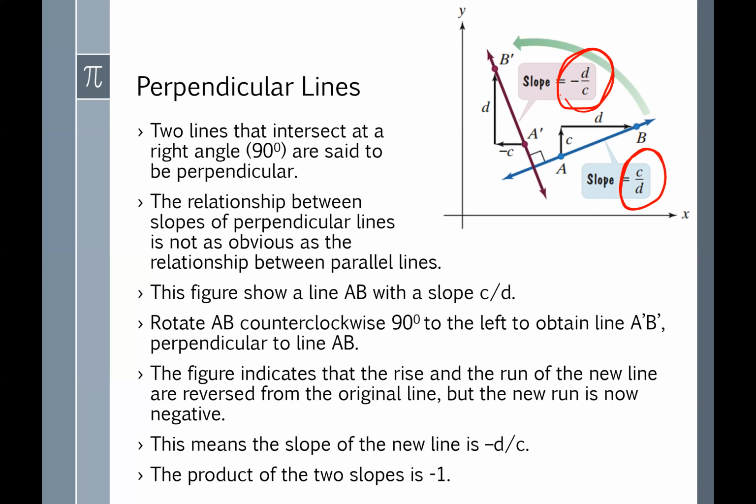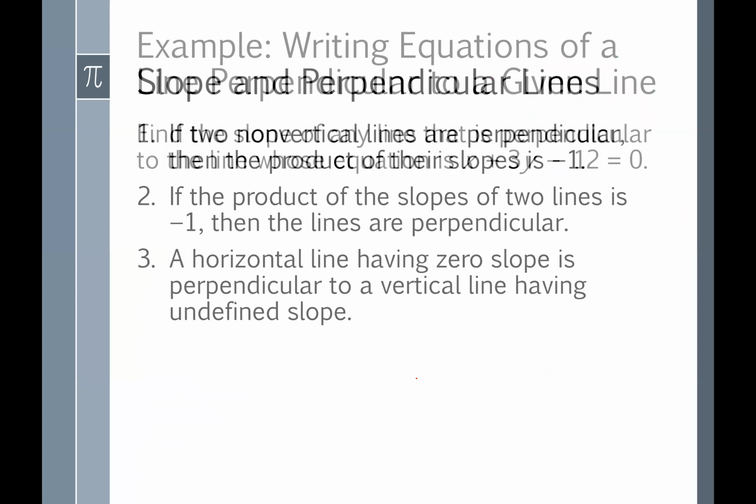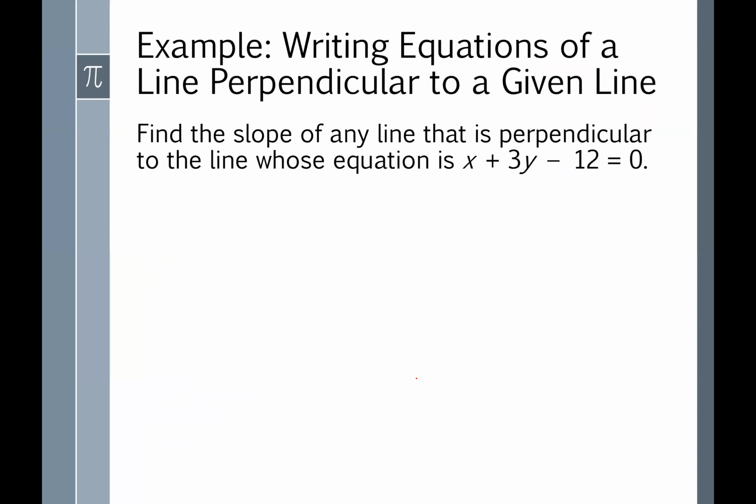Okay, practically, what do you need to know? If I have a line that's given to me, a line that is perpendicular to that line will have a slope that's the negative reciprocal of the line I'm given. For example, find the slope of any line that's perpendicular to the line whose equation is x plus 3y minus 12 is equal to 0.